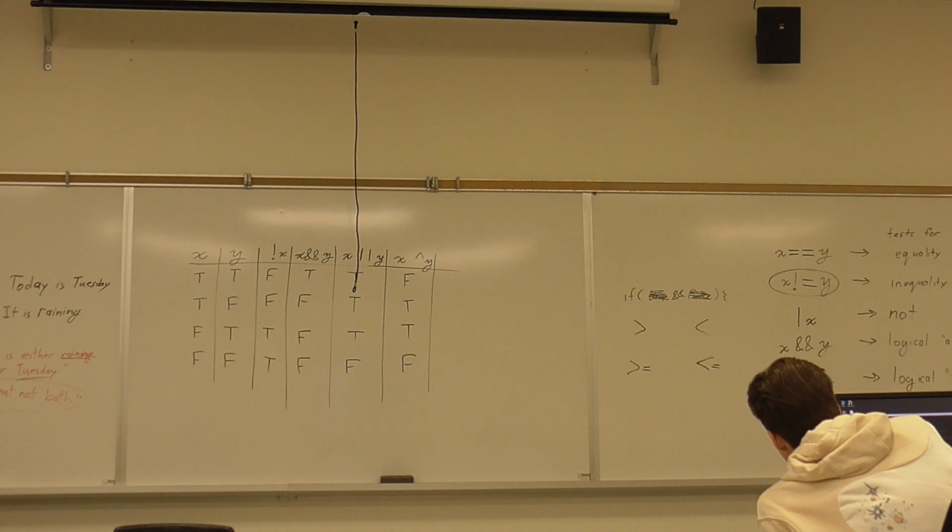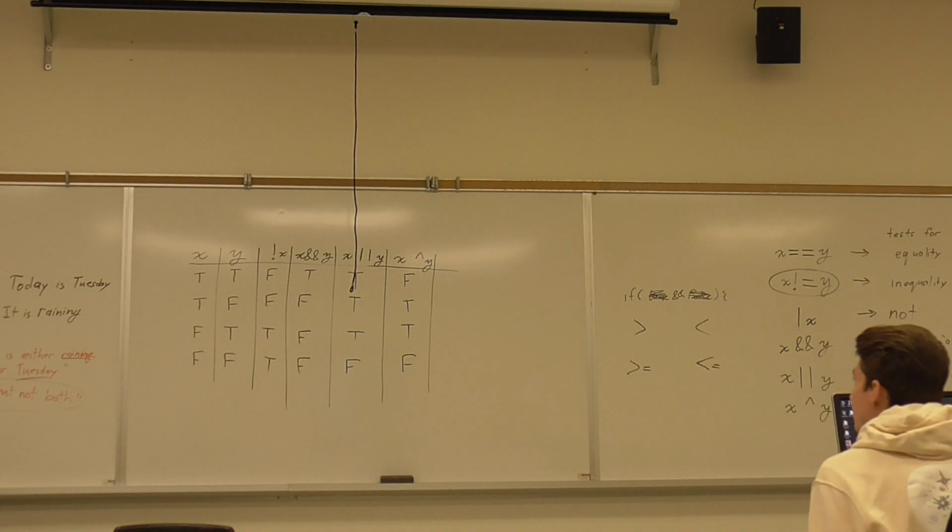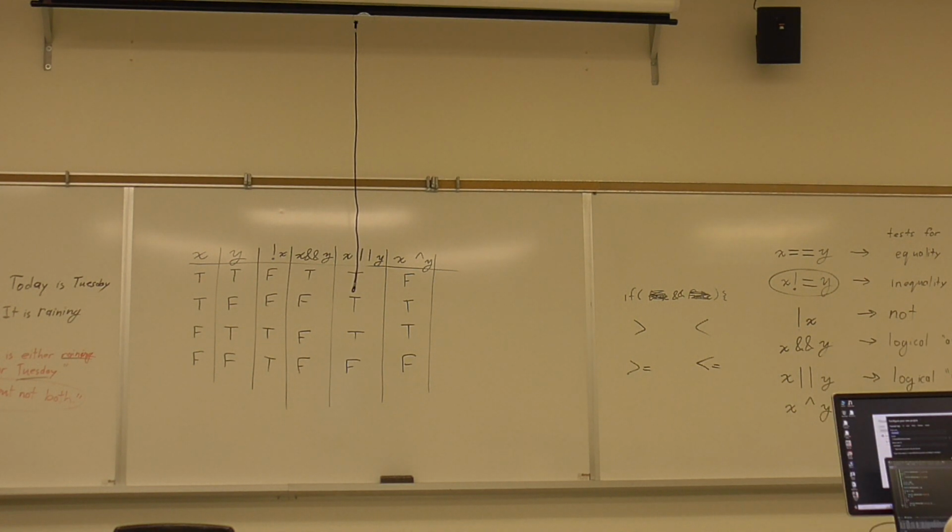Very quick example. X is greater than Y. There you go. Run. Truth. X is 19, Y is 4. So X is greater than Y, so it executes this branch. All right, any questions?